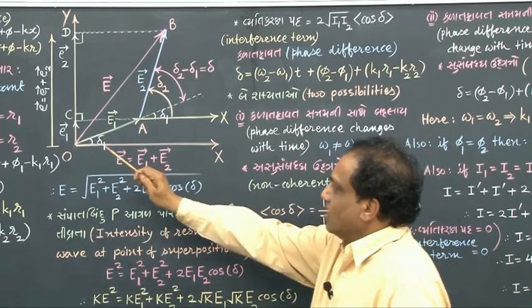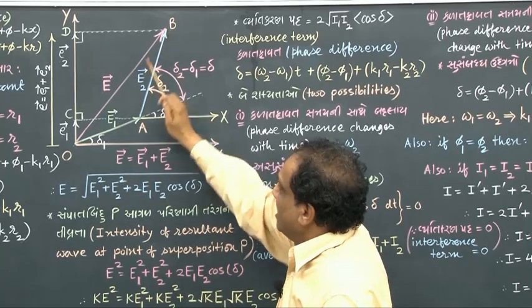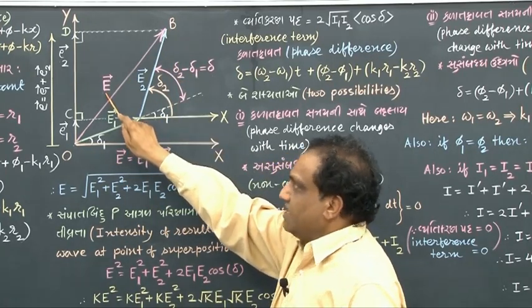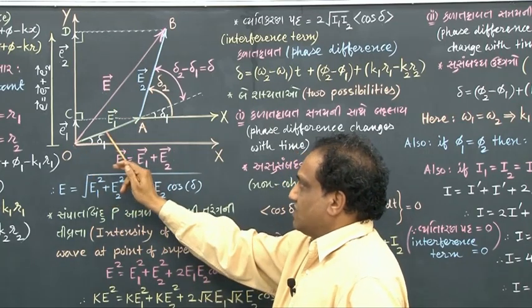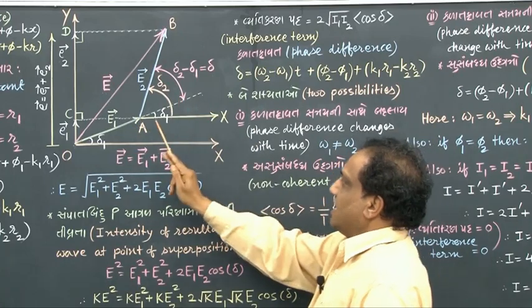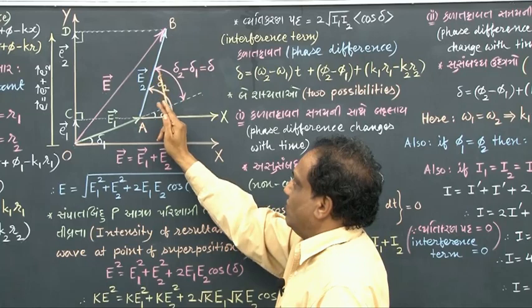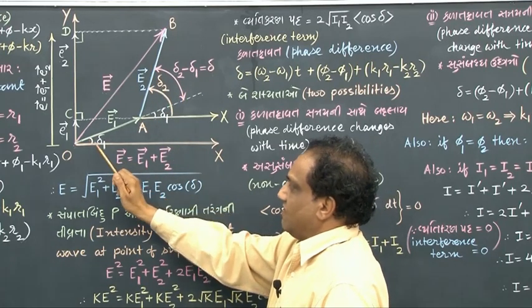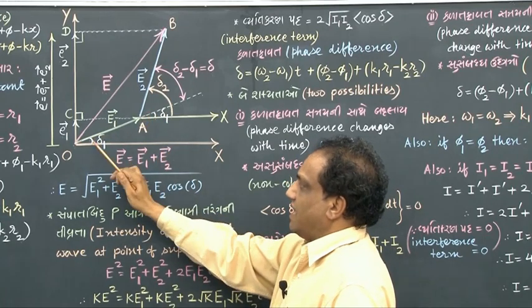Now tell me, phasor plus phasor will give you resultant phasor, and for this resultant phasor, its length is vector capital E. Now tell me, this is the direction of first phasor, this is direction of second phasor, then this much angle will give you phase difference. Come on, if this is delta 1, this also will be delta 1, because these two are corresponding angles.